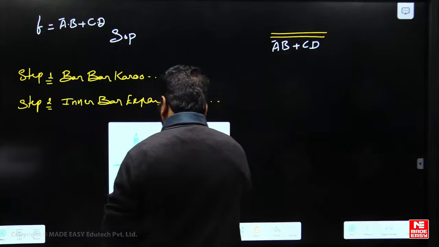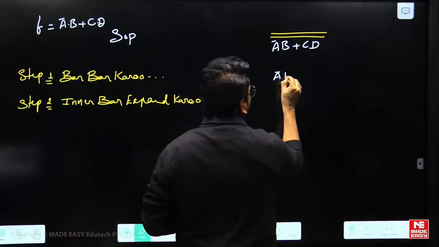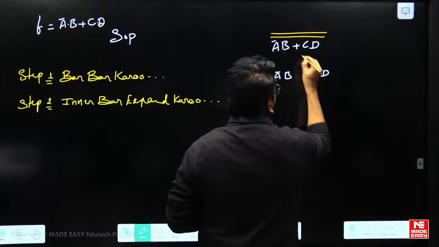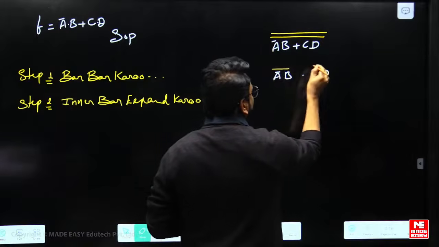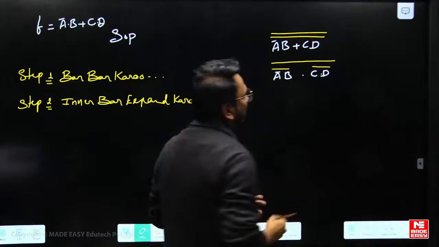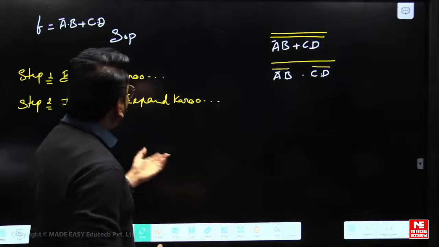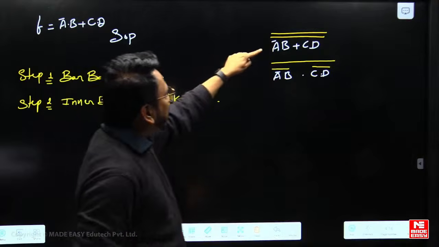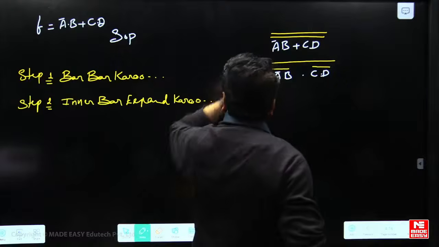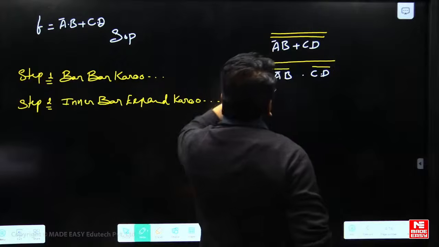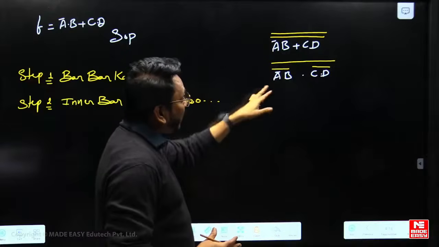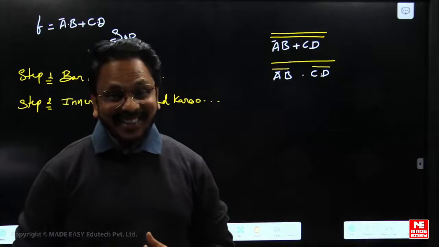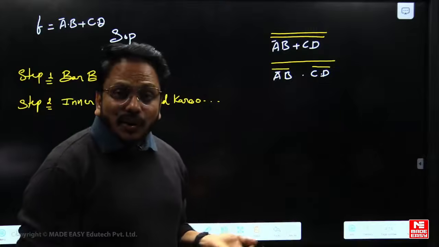So this is A'B, this is CD, the plus becomes a dot, and it is again complemented. So the two steps are over, and we got (A'B)' . (CD)' complemented. Now it's already over.